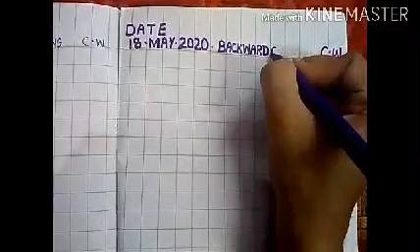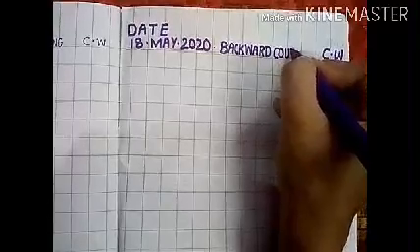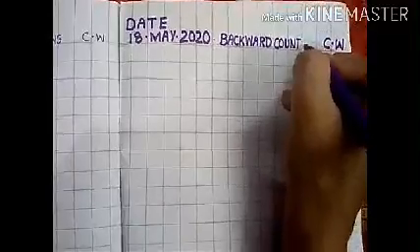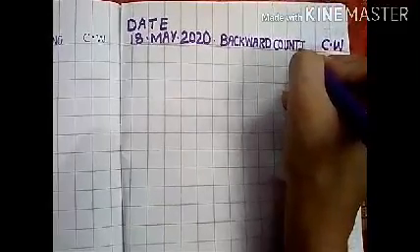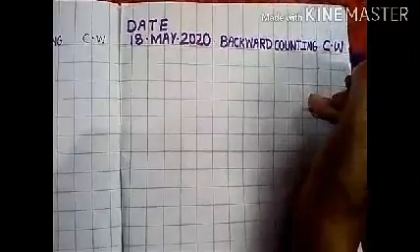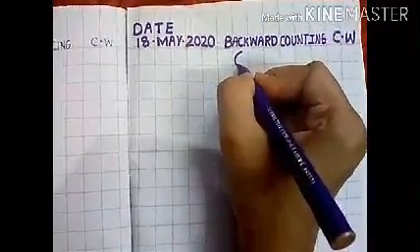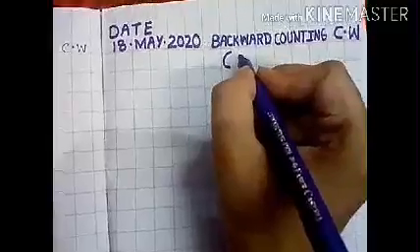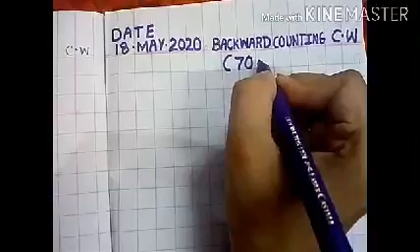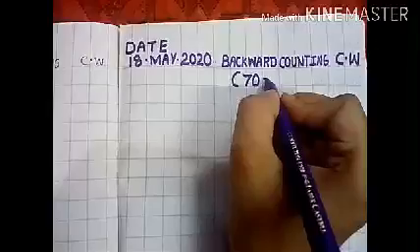C O U N T I N G, backward counting. Below in the bracket, you write down 70 to 41.